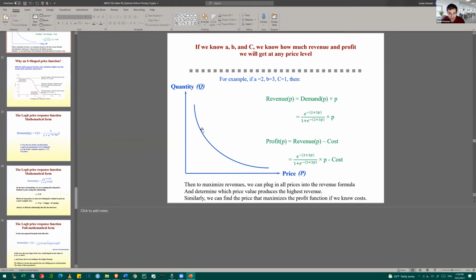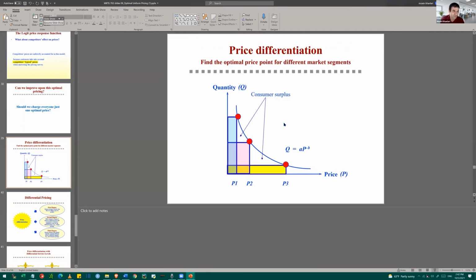So each point on this demand curve corresponds to a single price. So this point would be here, this point would be here. So you get each of those prices multiplied by the corresponding quantity, that becomes your revenue. And then you see which one is the highest. The optimal price is giving us the best price. Yes, that's good. But should we charge only one price?